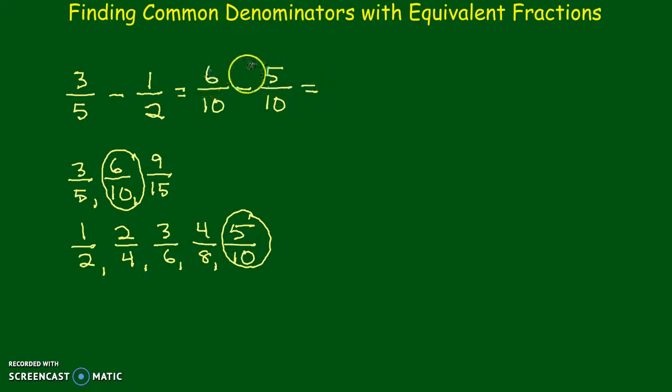Like addition, we use the numerators. 6 subtract 5 is 1. The denominator stays the same. So 6/10 subtract 5/10 is 1/10. And 3/5 subtract 1/2 is also 1/10.